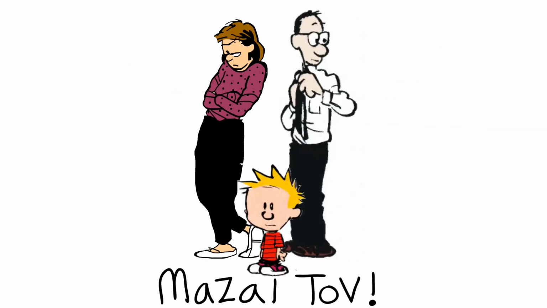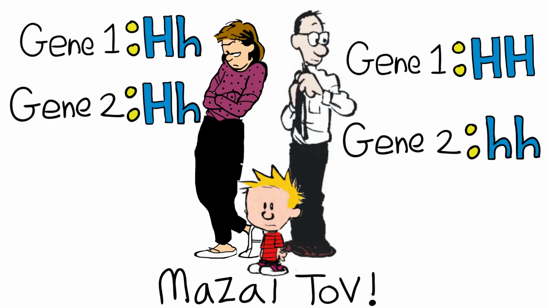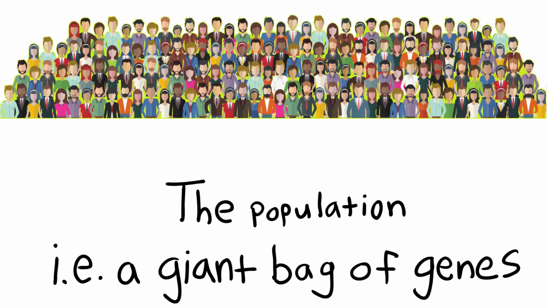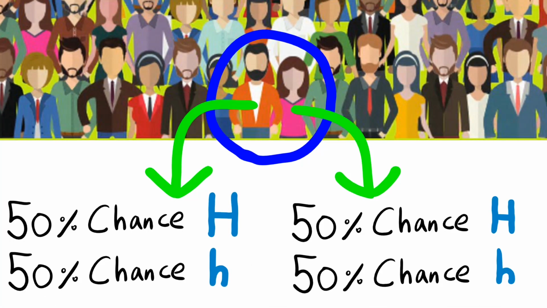Then, the allele a child receives for each gene is, basically, a coin flip. Two random people have a child. Some people are homozygotes for a given height gene, some people are heterozygotes. But, on average, if you randomly pick two people to have a child, there's a 50% chance each parent contributes either a big H or a small h allele to a single gene. This is because it's assumed that there's an equal number of big H and small h alleles in the population.